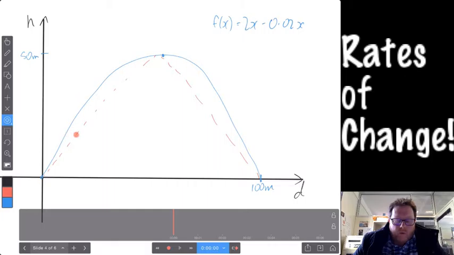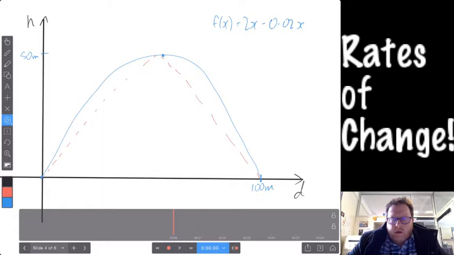So what we need to do is get something a little bit more accurate than using this giant average here. So I'm going to stop the video for a second and get you to think about how you could get a more accurate picture of what's happening at a particular point on the graph line than using this big average over here. What could you do?